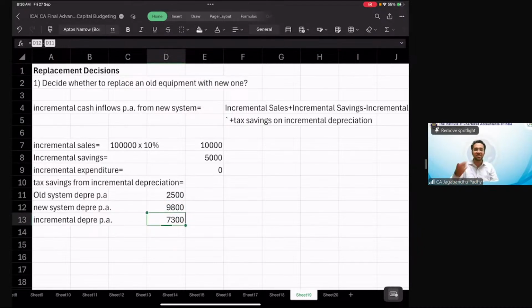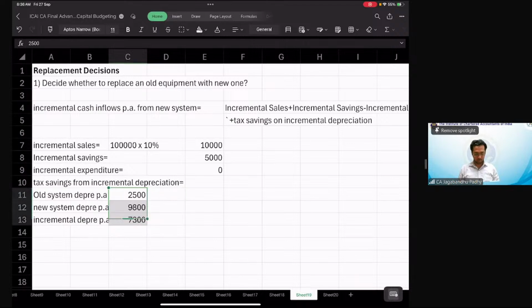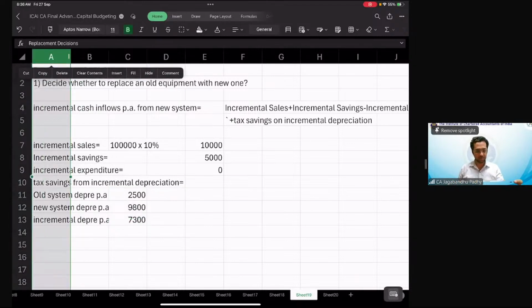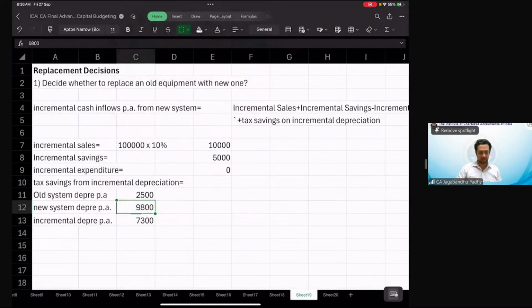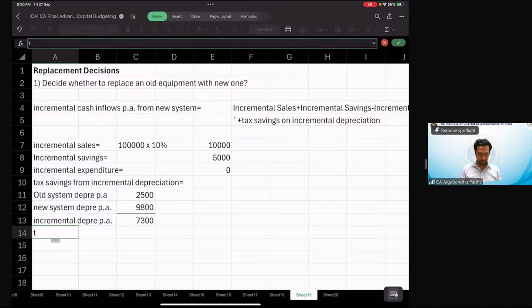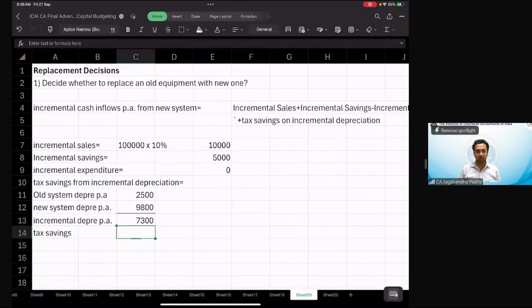So due to this additional depreciation, are we going to save taxes on this? Yes or no? We're going to save taxes on this, right? What's the tax rate given? What's the amount of tax rate? Tax rate is 30%.